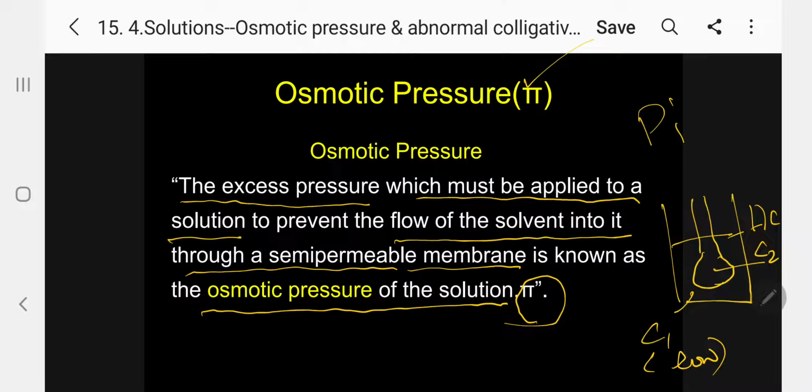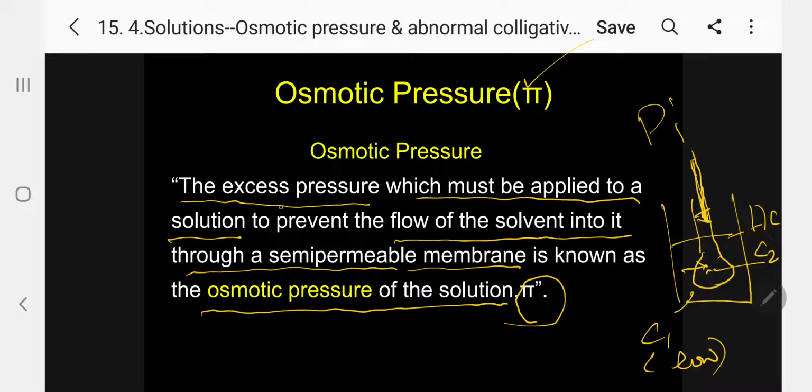According to osmosis, solvent from the lower concentration will enter into the higher concentration until the concentration on both sides is equal. So solvent will flow through the semi-permeable membrane. In that case, you can apply pressure with the help of a piston so that the entry of solvent from C1, the low concentration, is prevented. This pressure is called osmotic pressure.